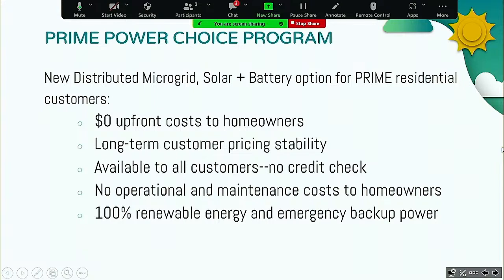To provide a comparison, rates shot up approximately 30% this year, whereas through this program, participants can expect rate increases capped at 1.9% per year. Participants can also expect no cost on operations and maintenance. Tesla and Participate Energy take care of this over the 25-year contract period. Participants can also expect reliable backup power that we call resiliency, specifically during power outages.